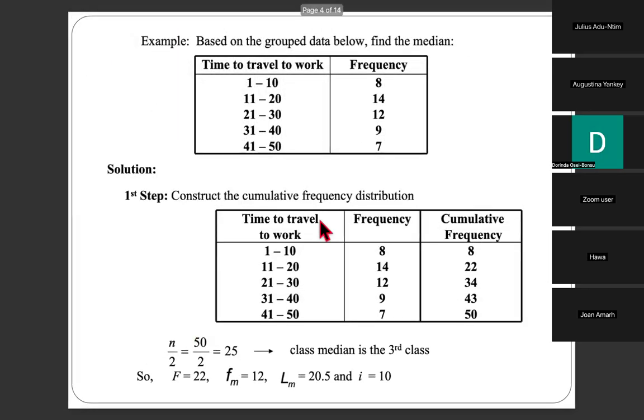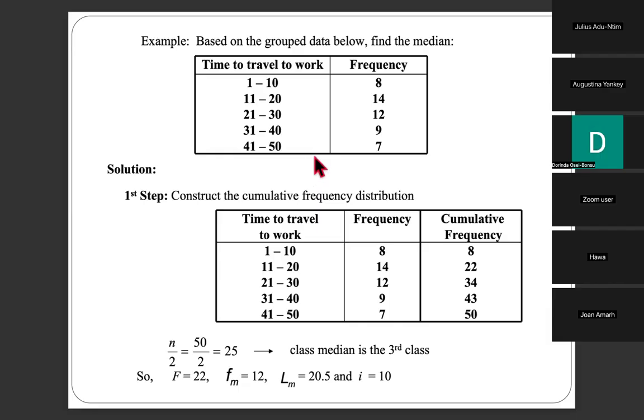So the table we'll be using is this table, and using it we want to find our median. For the median, you all know that when you arrange the values in ascending order and divide it into two, where the middle value lies is where your median class is.